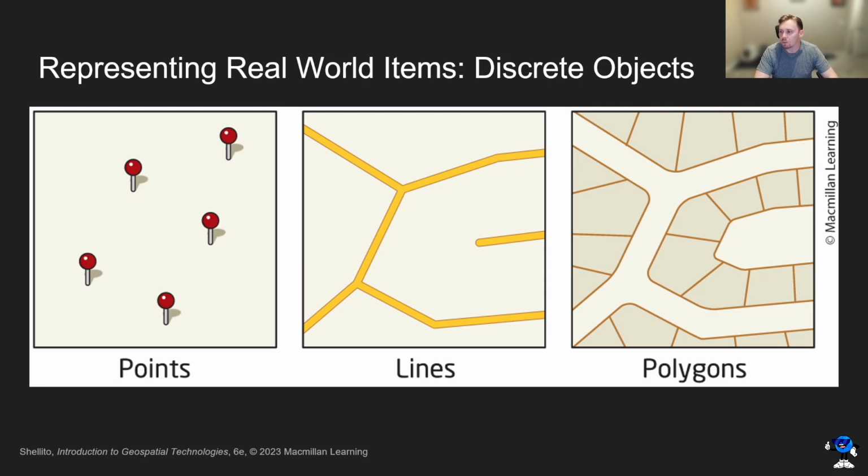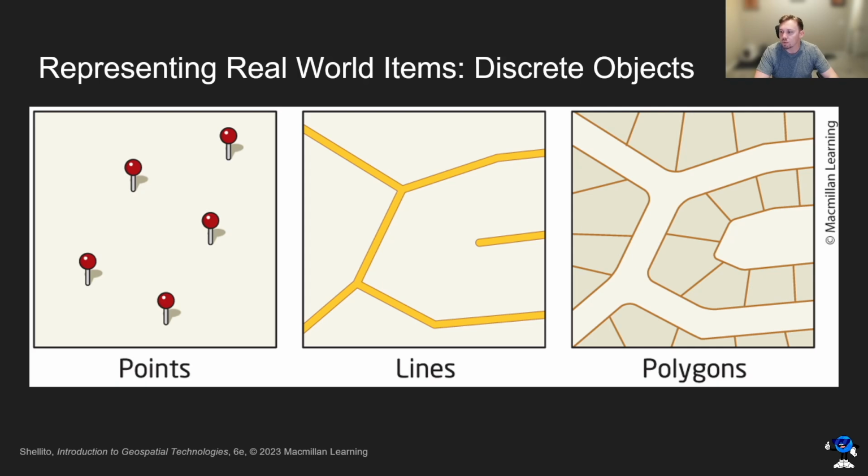In the discrete object view, the world is made up of a series of objects, each having a fixed location or fixed starting and stopping points, or some sort of fixed boundary. A street starts at one point and ends at another, and there is a definite boundary between your property and your neighbor's. Around a university campus, numerous objects represent buildings, parking lots, stop signs, benches, roads, trees, and sidewalks.